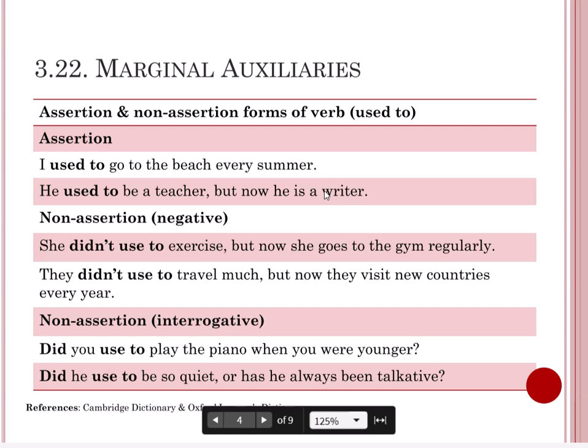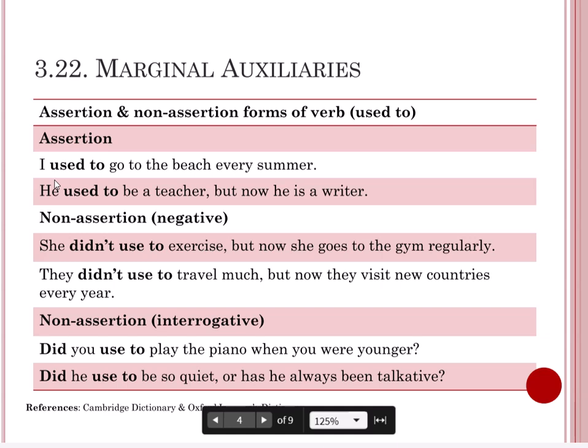So when we use this verb used to, what does it refer to? We'll actually use it in cases where there has been a particular habit that lasted for a particular duration of time, but nowadays, right now, it's no longer the case. So I used to do something in the past.